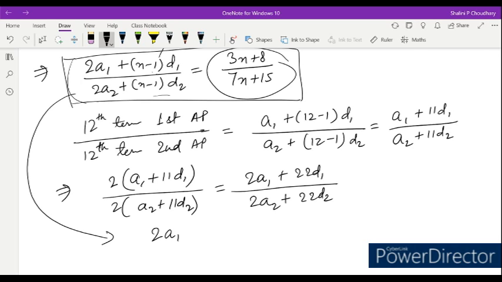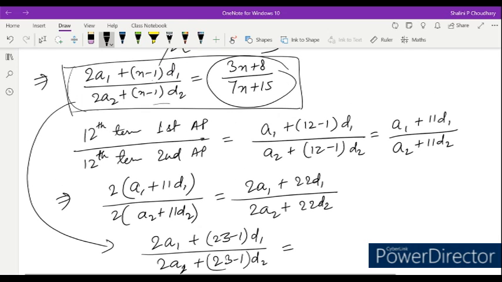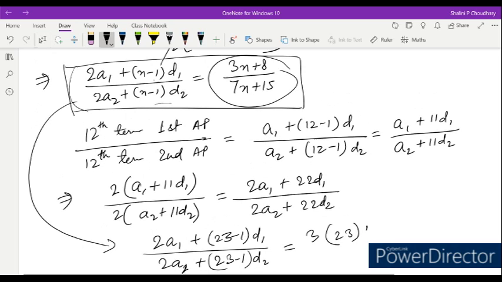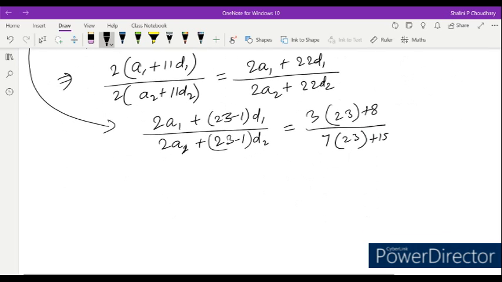So if we convert 22 into the (n minus 1) form, it will be n equal to 23. So 2a1 plus (23 minus 1) d1 divided by 2a2 plus (23 minus 1) d2 will be equal to 3 into 23 plus 8 divided by 7 into 23 plus 15. Okay, so what value will we get?